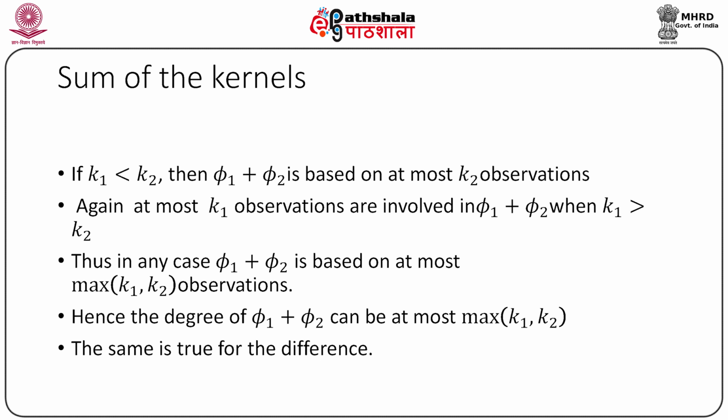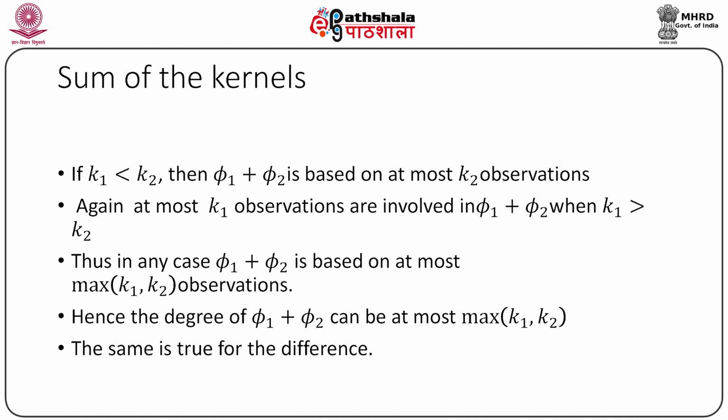Therefore, the degree of phi1 plus phi2 is at most the maximum of k1 and k2, and the same can be said if we use the difference kernel. That is, phi1 minus phi2 will be a kernel of degree at most the maximum of k1 and k2 for theta1 minus theta2.